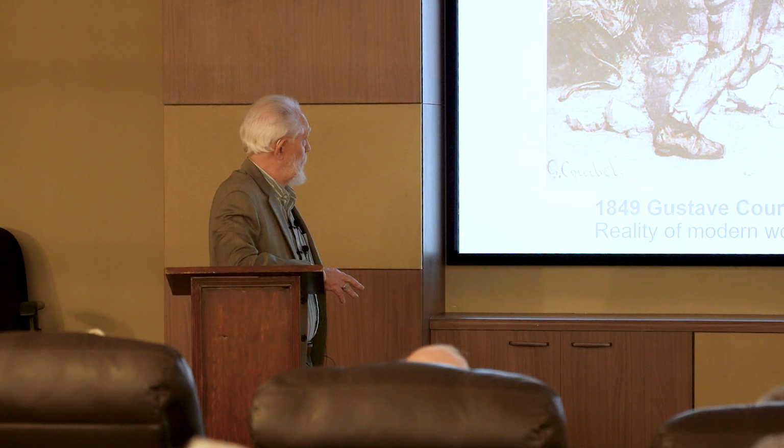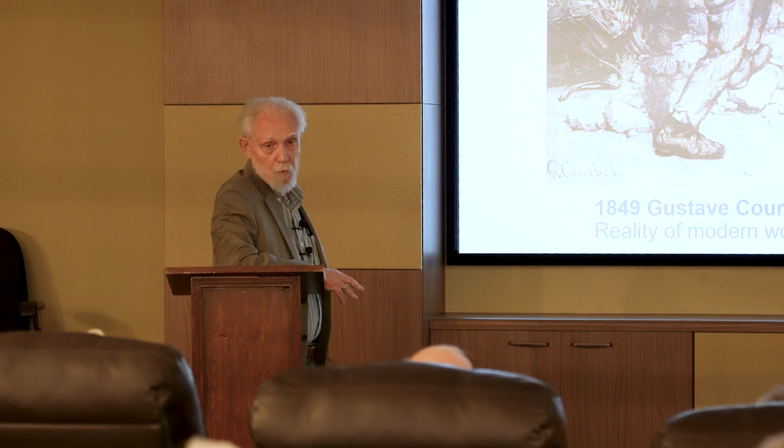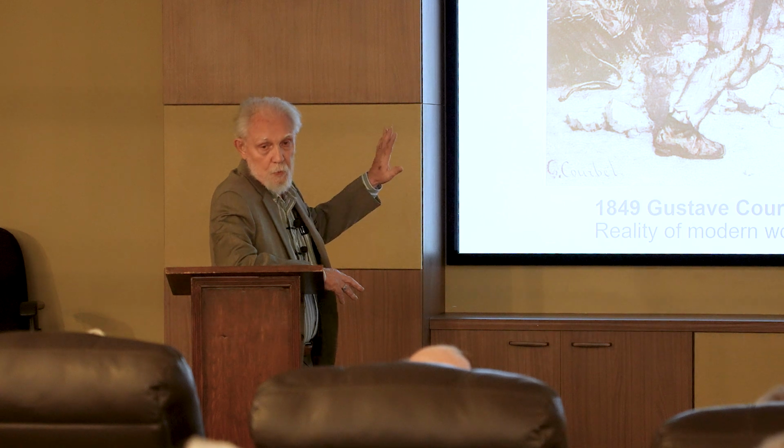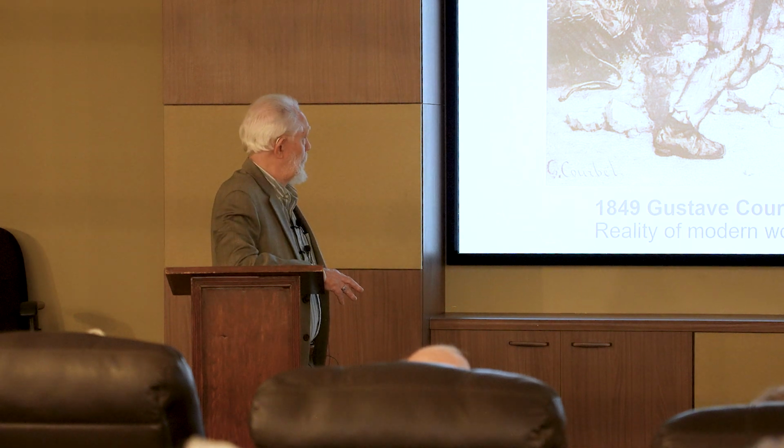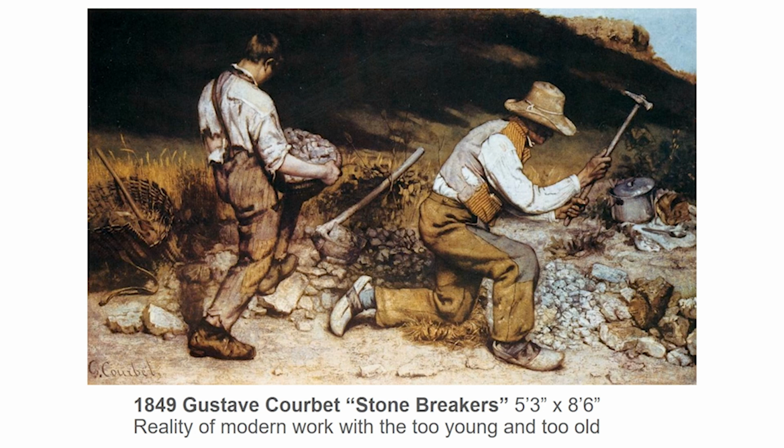You'll notice his colors are very conservative compared to the painting we just saw, because his theme is a much different kind of theme. And so everything about it is, in some ways, muted. But strangely enough, Courbet knew a lot about art history. And you notice how he's lined these figures up.